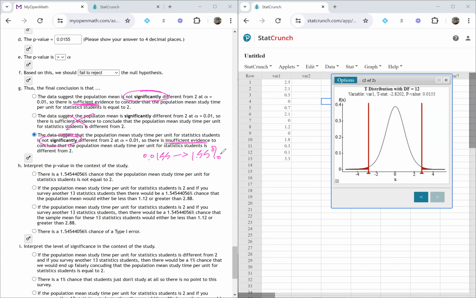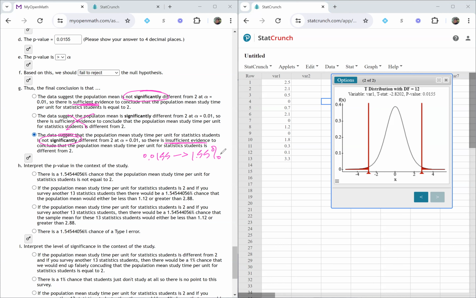So we've got some sort of percent. That's where they're getting this 1.54544 number from.